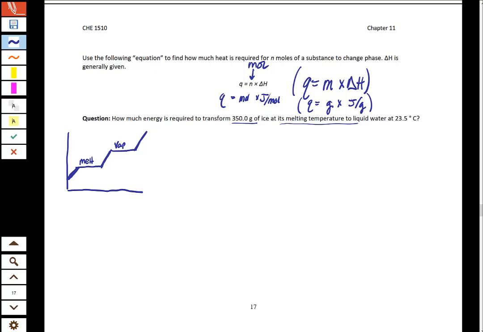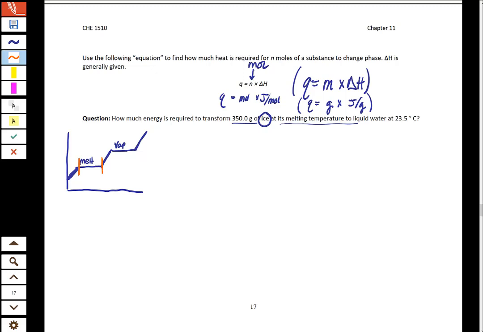And so we're saying that ice is at its melting temperature. Notice how it's saying the word ice, right? And so that means we're starting here at ice at its melting temperature. And we need to take that ice and turn it into liquid water at its melting temperature.